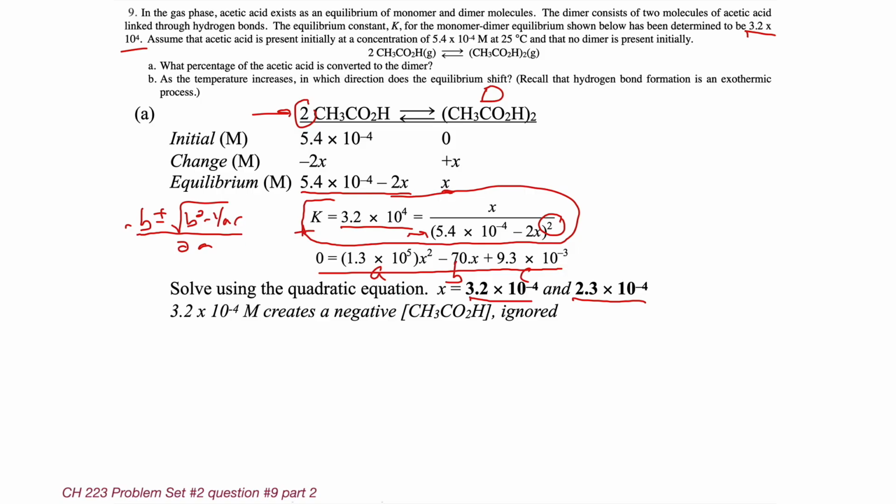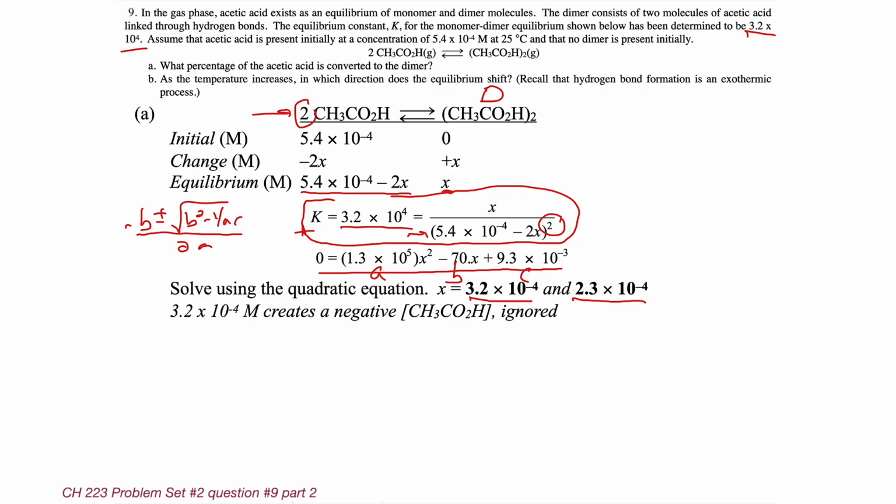Quadratic formulas always give you two answers. Now, this is where in chemistry you have to think a little bit. Most of the time you get a positive and a negative number, and you ignore the negative number. All right, no negative masses in chemistry. However, both of these numbers are positive.